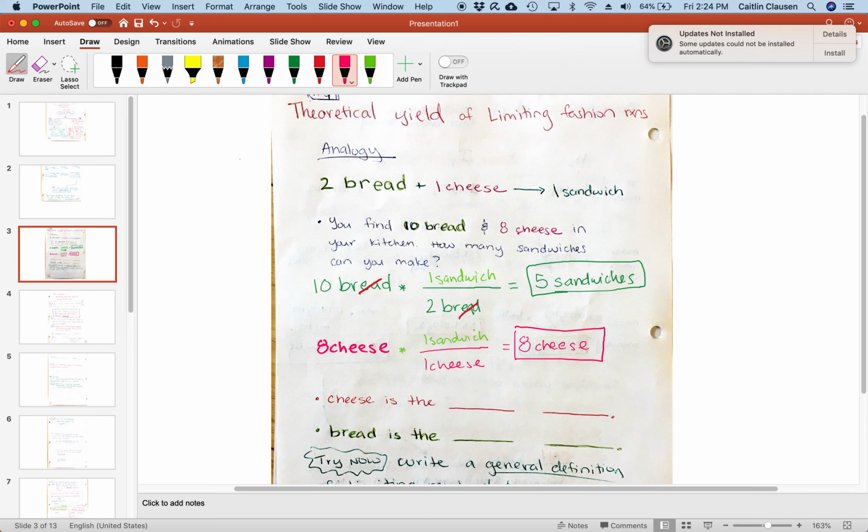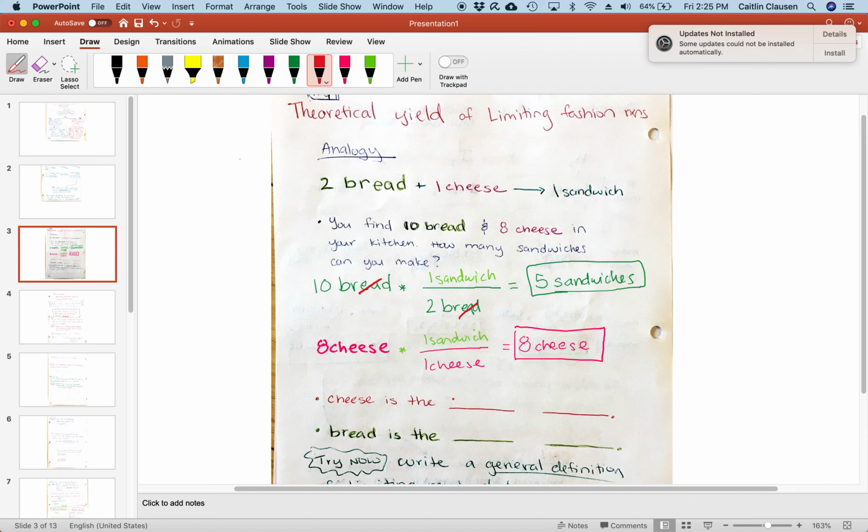It's not going to be 8 sandwiches because I need twice as much bread to cheese. My balanced chemical reaction is giving me the ratio of reactant to product, which is telling me that the limiting factor in my sandwich making reaction is the amount of bread that I have.